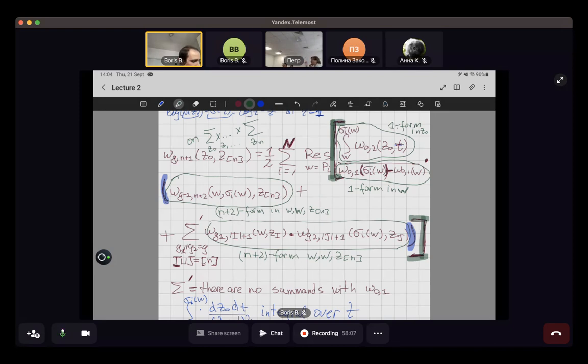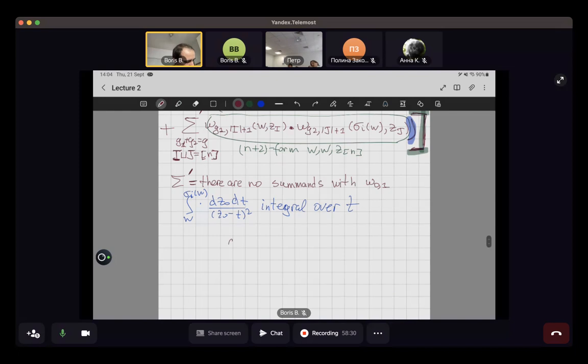And before this is a prefactor, one form in z0 over one form in w. So in the end we have something like this: some function times dz0 over dw, very roughly speaking, and then times dw, dz1, etc., dzn times some functions.